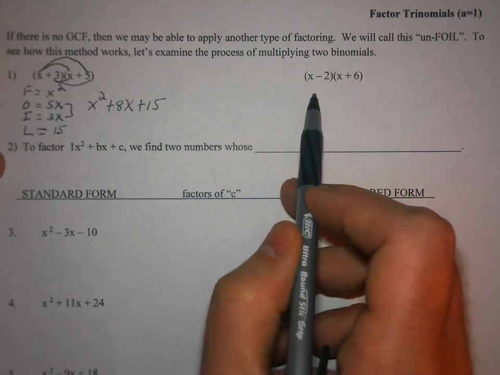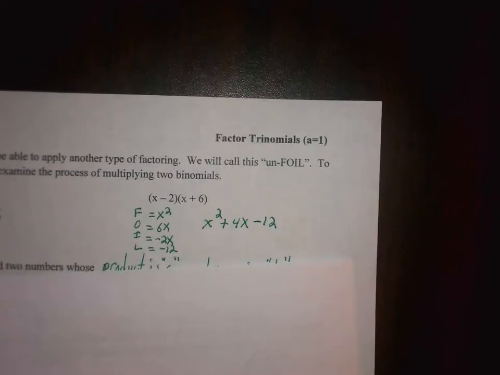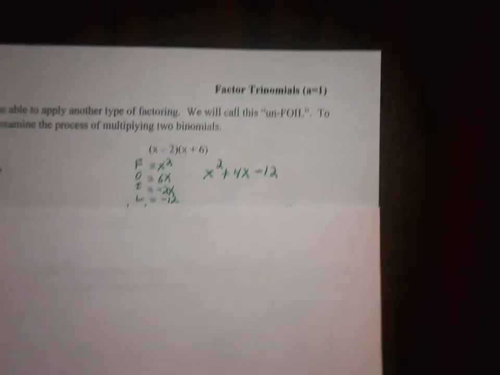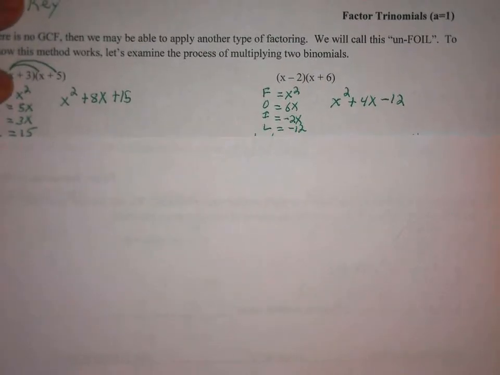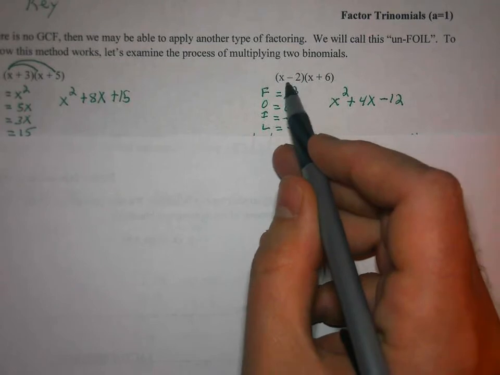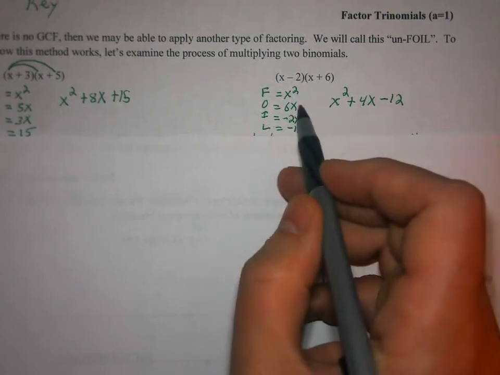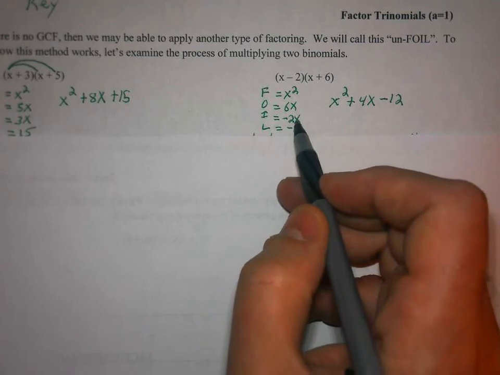Do the second one, x minus 2 times x plus 6, and see how that works. Okay, so on that one, your first term, x squared, comes from x times x, and then the positive 4x came from adding 6x and negative 2x.